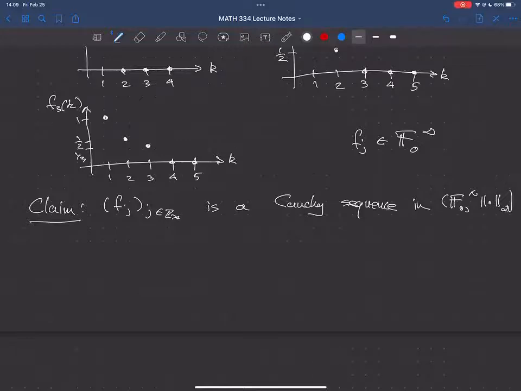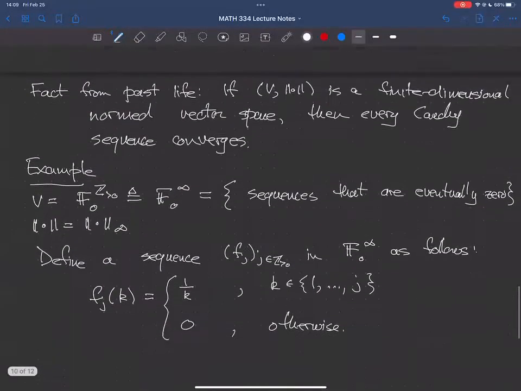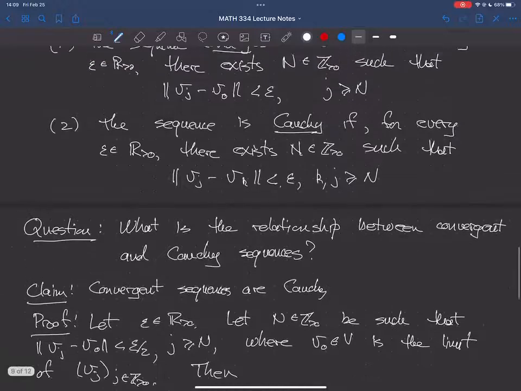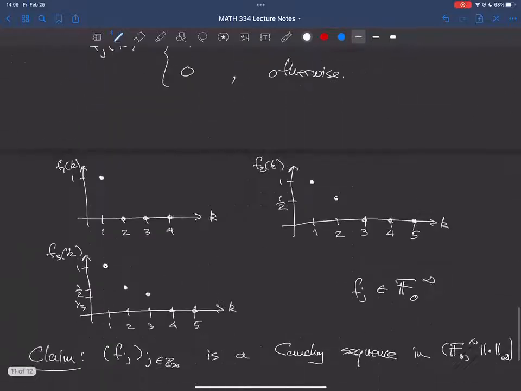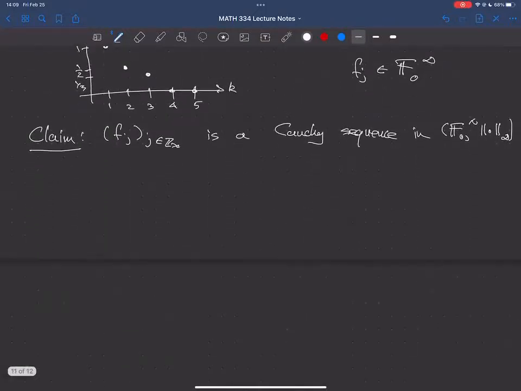To show that it's a Cauchy sequence, what I have to do is choose an epsilon, and then think about the norm of fj minus fk. So really what I need to do to understand the Cauchy sequenceness of this is think about fj minus fk. All right, so let's do that.